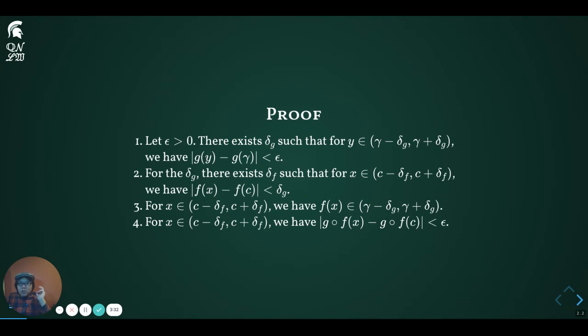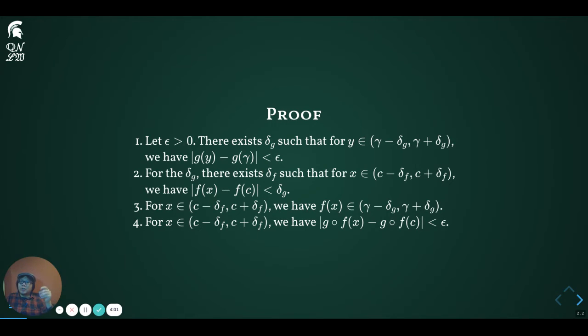Now, the function g composed with f is the result of first applying f and then taking its output and plugging it into g. So, to control the output of the composite function, we take the requisite tolerance epsilon of the final output and show it to the function g, which says that it can guarantee the tolerance provided the input it receives is within the intermediate tolerance delta sub g.